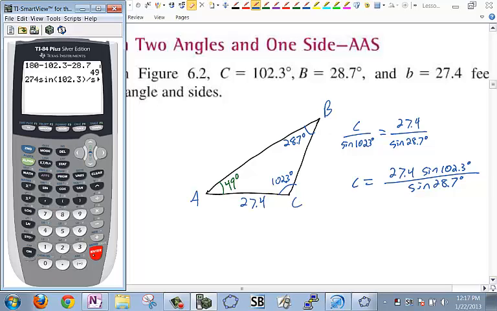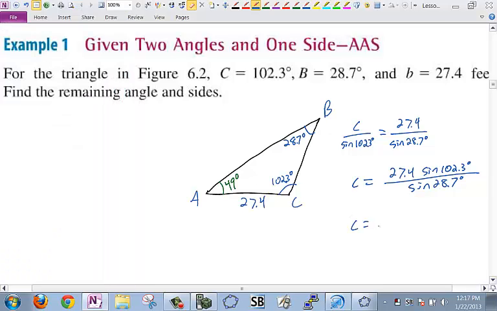And there you go. No, that's not right. I see my mistake. I forgot a decimal point. 54. There we go. 55.7. And that is feet.